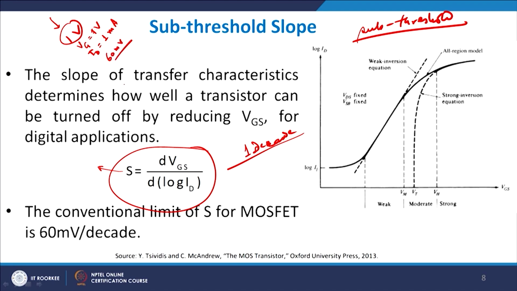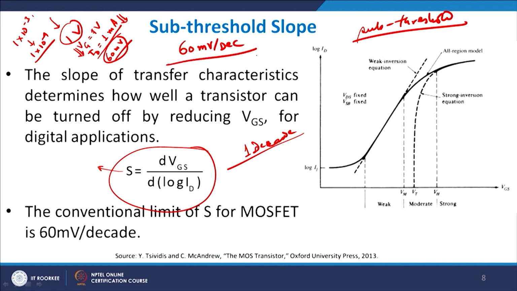millivolts. If this gate voltage reduces by 60 millivolt and ID drops by 1 decade, from 1 into 10 to the power minus 3 to 1 into 10 to the power minus 4, a 1 decade drop in current, and if I require 60 millivolts of gate voltage change to do that, then we define 60 millivolt to be the subthreshold slope, and the unit is 60 millivolt per decade.